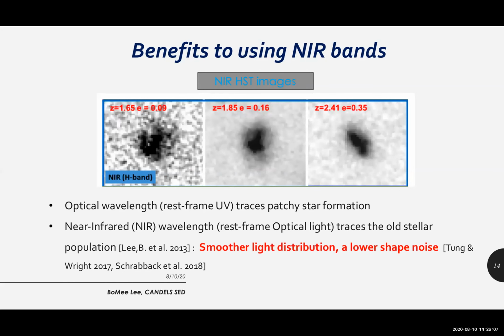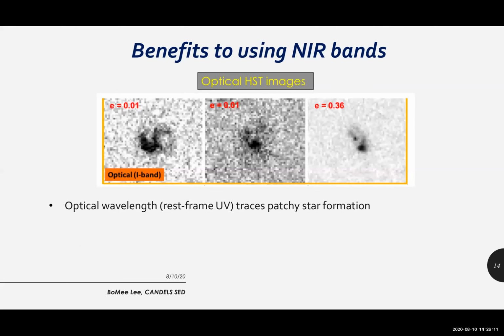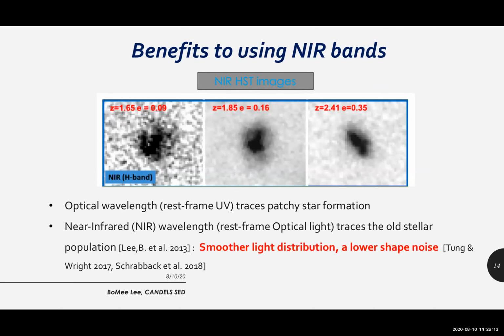Galaxies in the H-band show a smoother light distribution compared to optical, because near-IR wavelengths sample the rest-frame optical light at this redshift, which traces older stellar populations. So near-IR bands clearly trace the overall galaxy shapes better, especially at redshift greater than 1. So it has a lower shape noise induced from intrinsic ellipticities than in the optical.